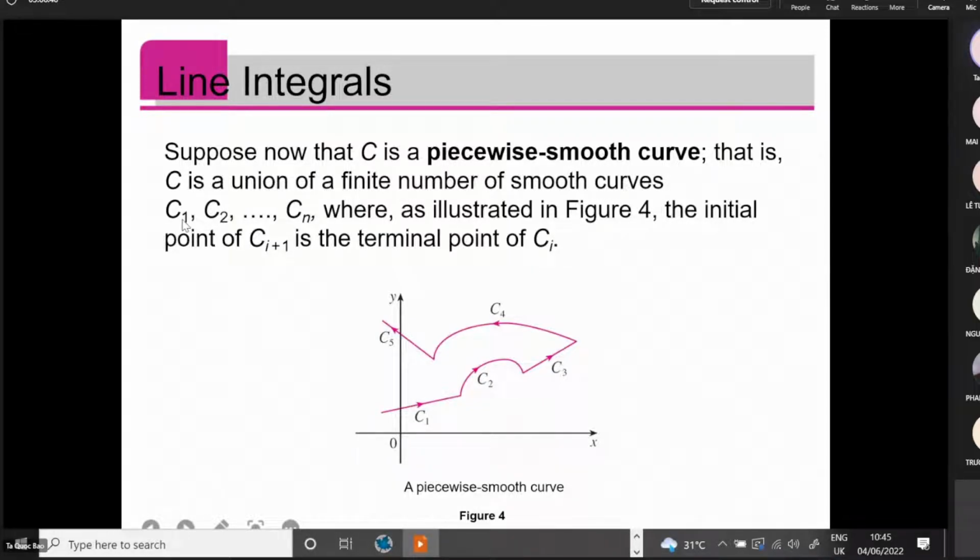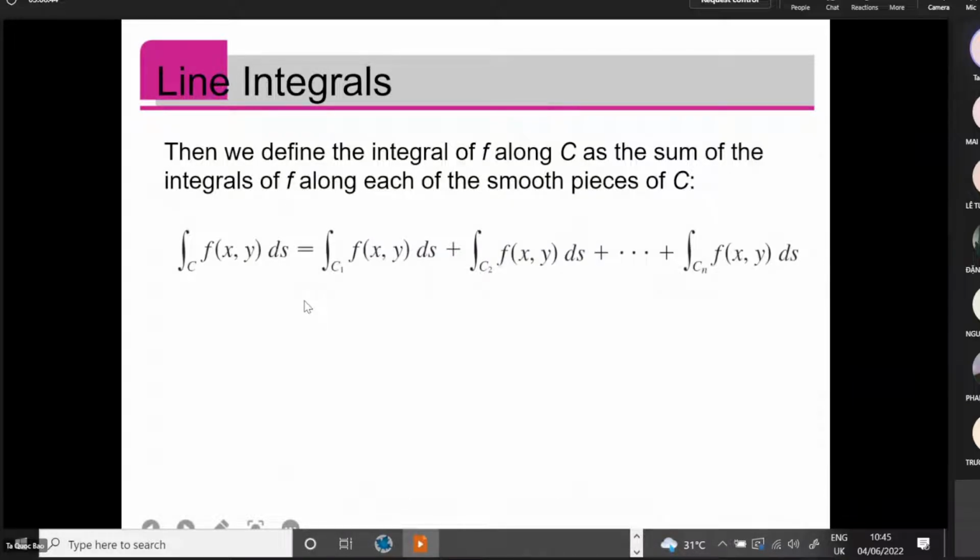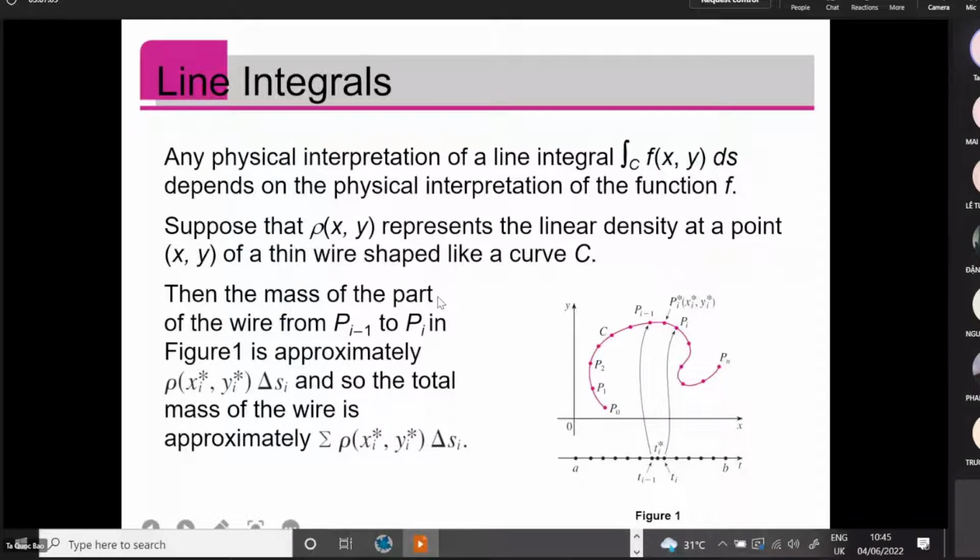Now let's say C1, C2, and Cn. Therefore, to calculate the integral of function f on the curve C, we need to separate it into the sum of integrals of f on these smooth curves C1, C2, and Cn.